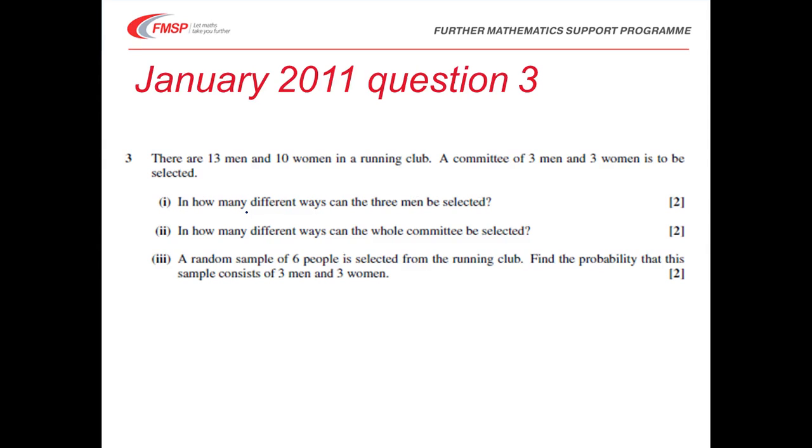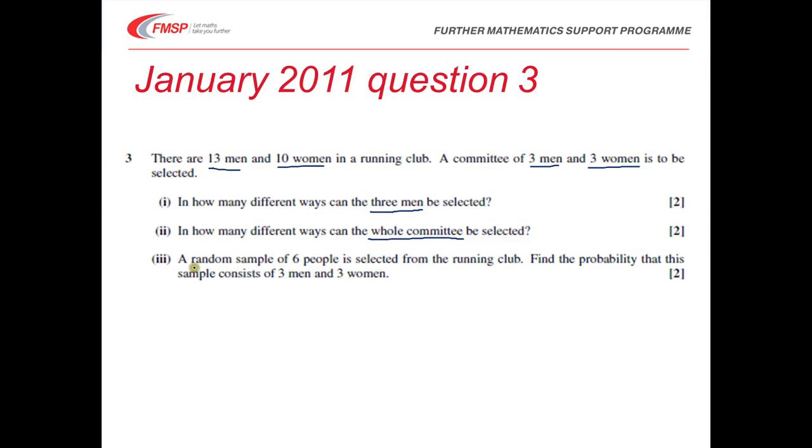So let's have a look at some questions. It's a good idea to read through the whole question first. So here we've got 13 men and 10 women in a running club. We've got a committee of 3 men and 3 women to be selected. We're asked to consider how many different ways just the 3 men can be selected, and then the whole committee.